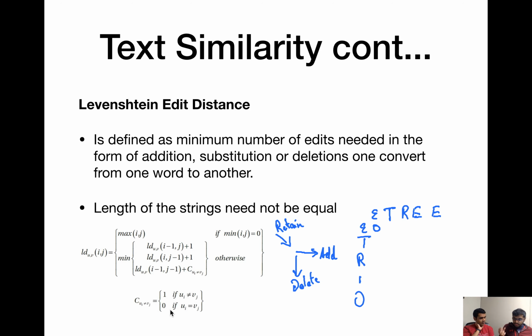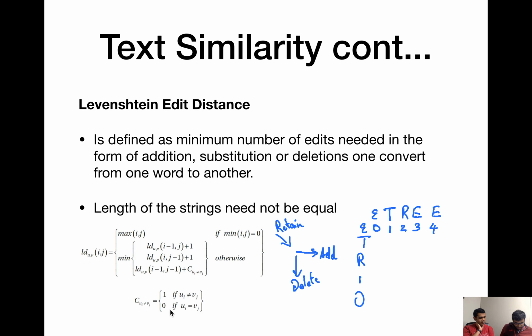From nothing, if you want to have a t, a single character, that's 1. From epsilon, if you want to go to tr, it's cumulative, so it's 2 operations. From epsilon to e, it's 3, and the same thing here. It's the same for the deletion as well.